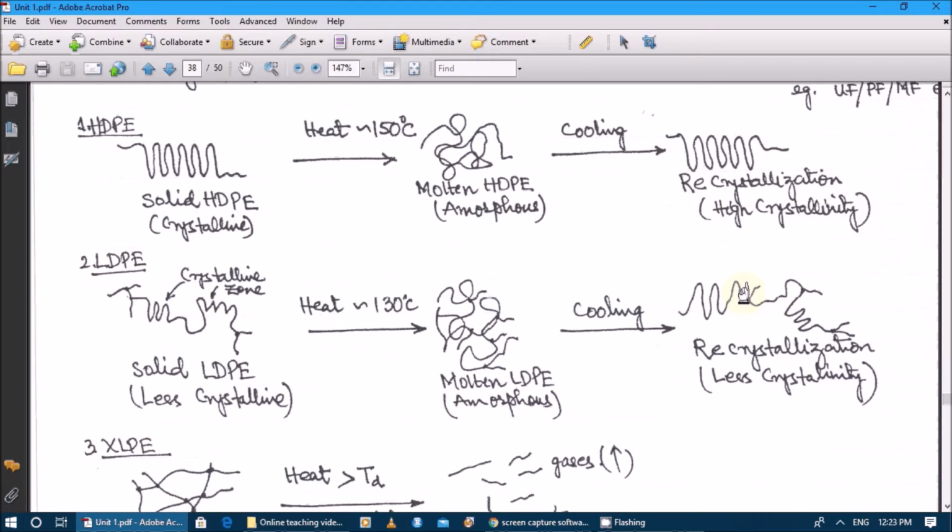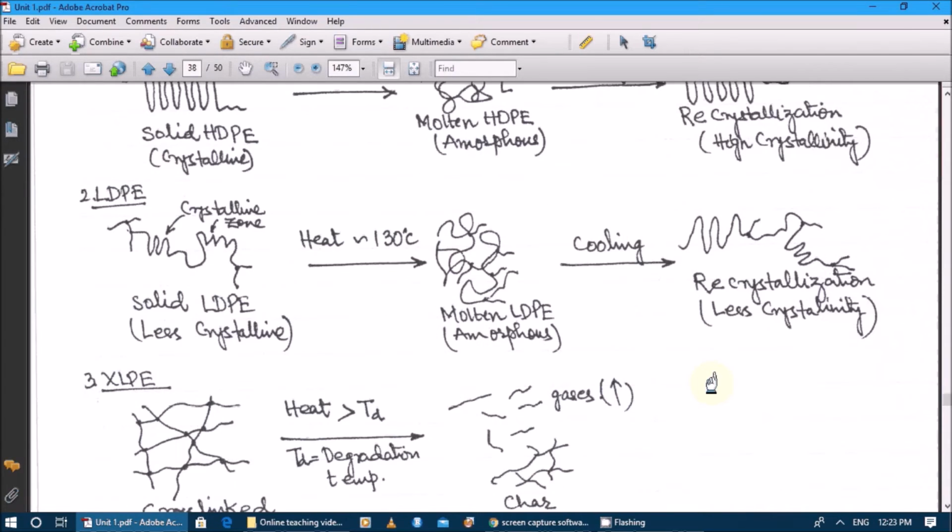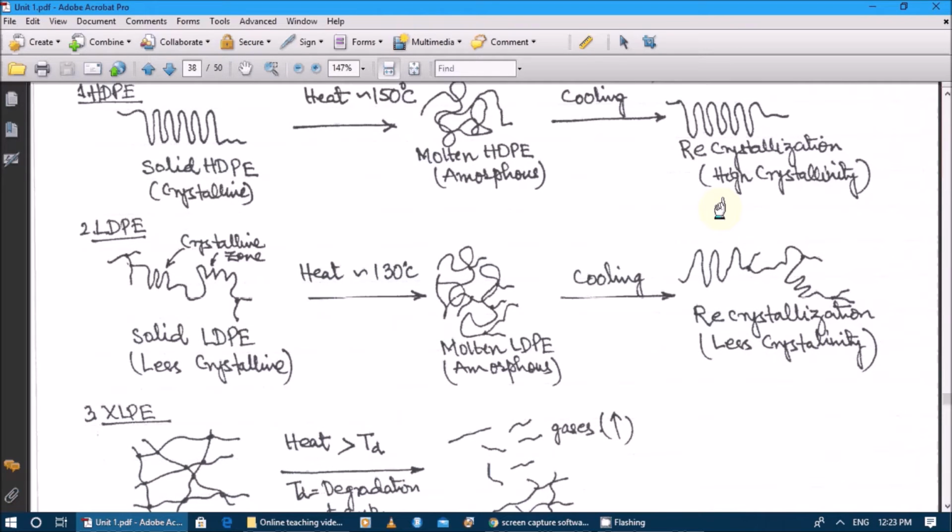These short branches will hinder the crystallization process. So ultimately we'll get a polymer which is semi-crystalline, and its crystallinity is obviously much less than the crystallinity of HDPE in case 1.